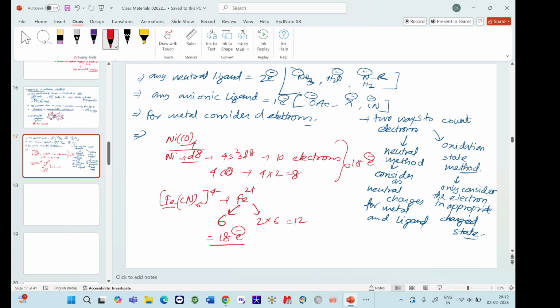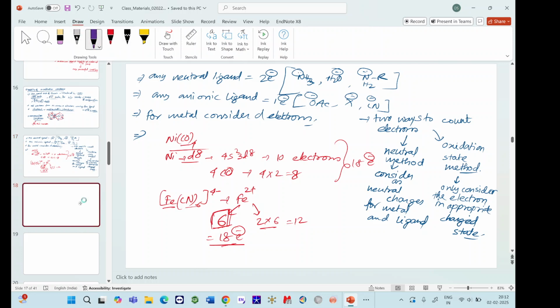So you can consider oxidation state, and then the number of electrons you can take for 2 plus, that is 6, and for each CN you can consider as 2, then it will be 12, 12 plus 6 will be 18. So that will be a stable configuration.